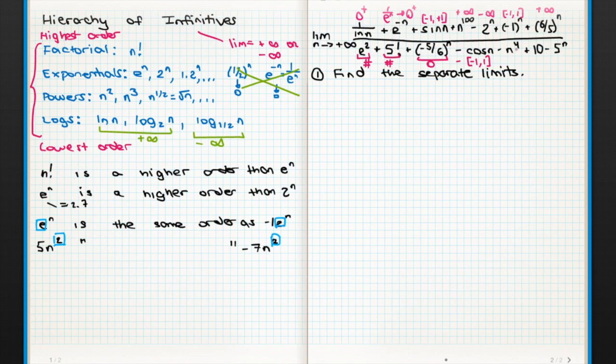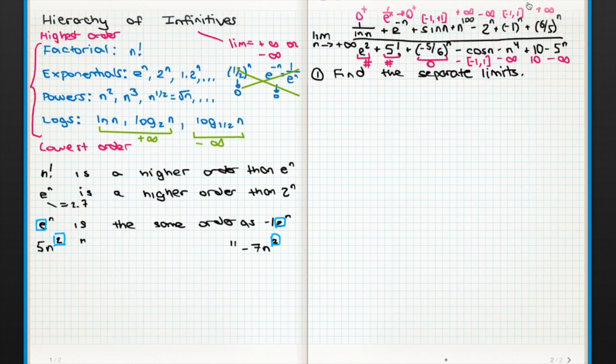N to the 4 is a power with a positive power, so this will tend to plus infinity, but with the minus it will become minus infinity. Then a 10 is just going to stay 10, and minus 5 to the n. 5 to the n will go to plus infinity, and with the minus it will become minus infinity. Notice how it's not the same thing as minus 5 in parentheses to the n, which would be irregular and unbounded.